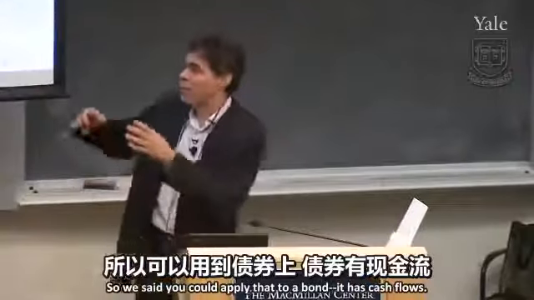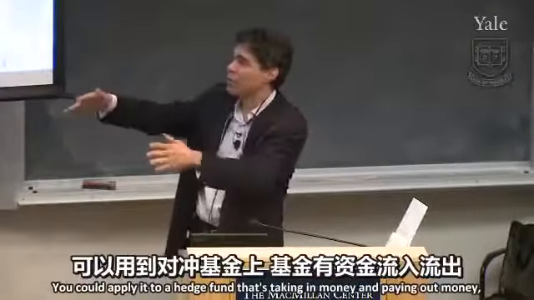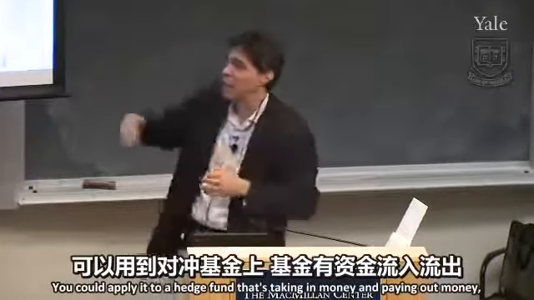So we said you could apply that to a bond. It has cash flows. You could apply it to a hedge fund that's taking in money and paying out money.